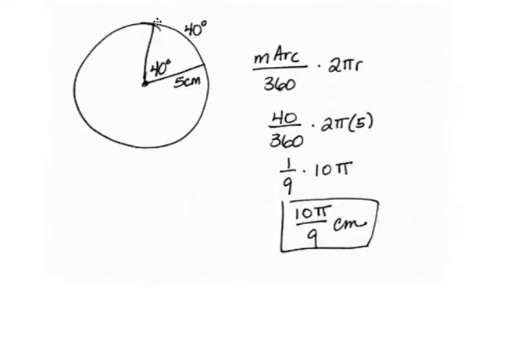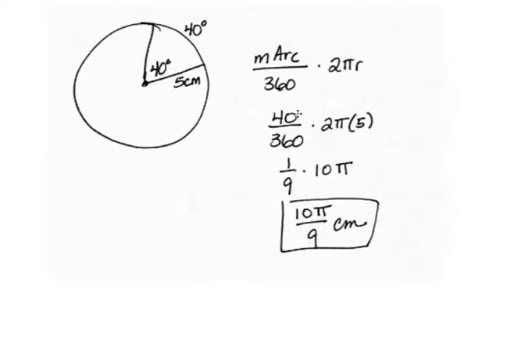I have a circle. It has a 40-degree arc and a radius of 5 centimeters. I take the measure of my arc divided by 360, which would be 40 divided by 360, and I multiply it by the circumference, which is 2 pi times the radius, or 2 pi times 5.